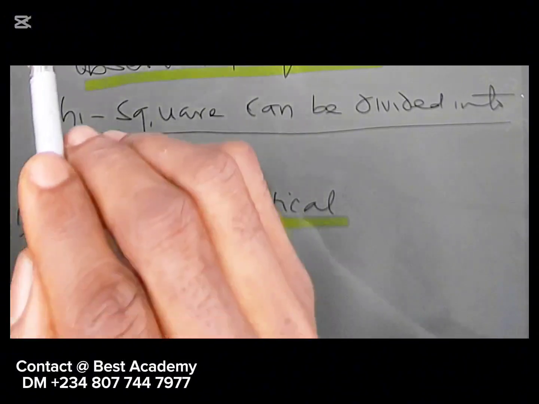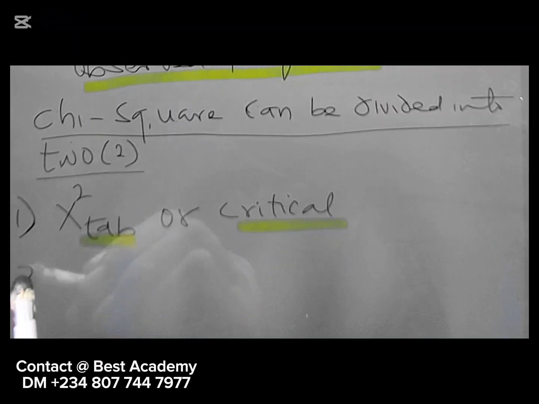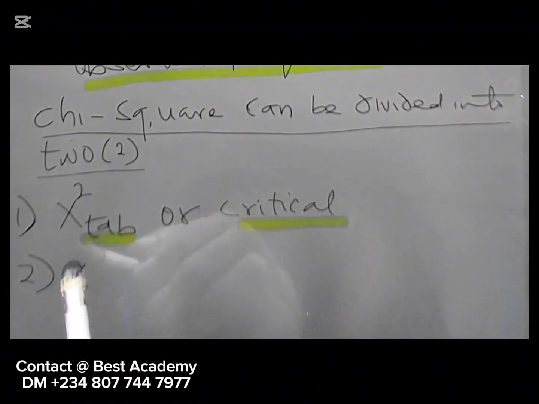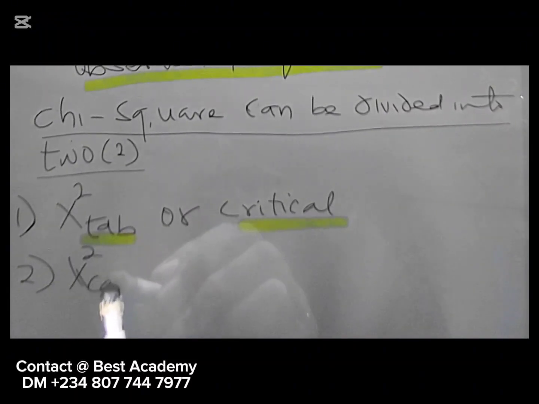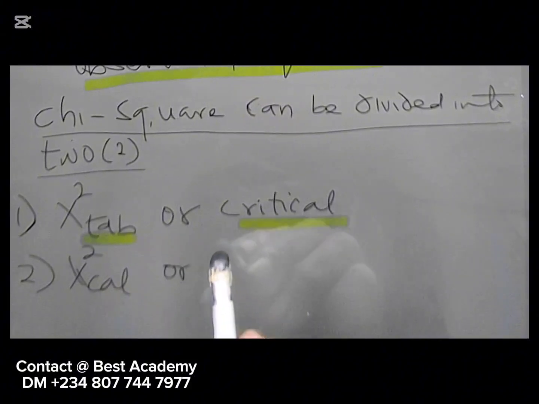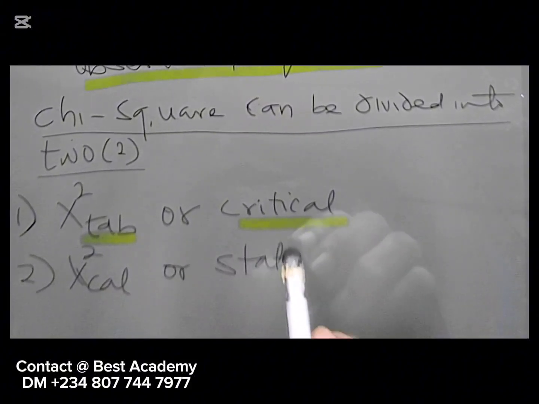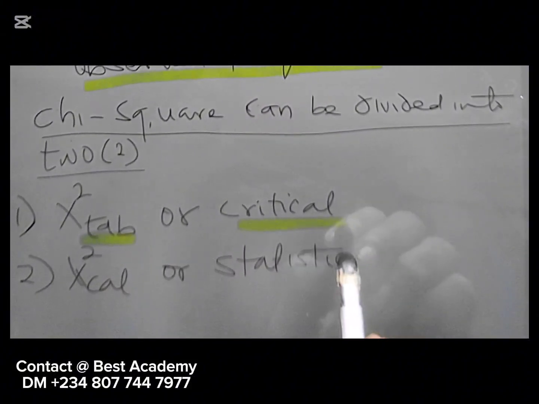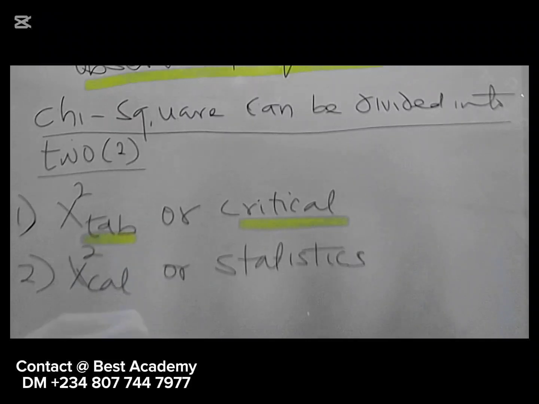The next one in terms of chi-square is chi-square calc, or you can call it the chi-square statistic. Please take note of that. So let's consider the first one here.